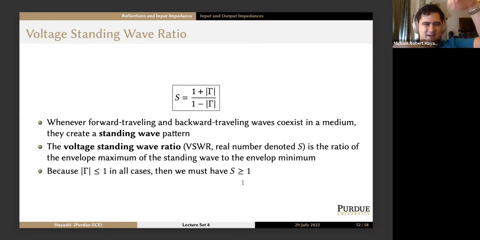So it's always going to be a number greater than 1 because absolute value of gamma must be less than 1 in all cases. So we have VSWR, voltage standing wave ratio.